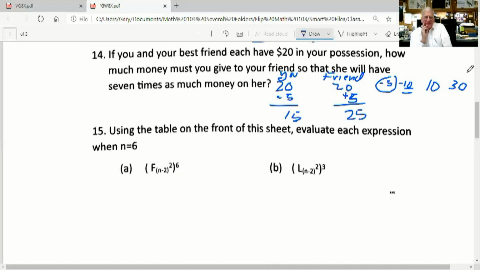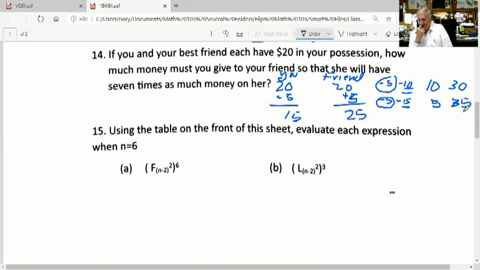I want it to be 7 times as much. Well, why don't we just go another 5 bucks? If we go another 5, we're subtracting $15 total. So now I'm down to what? 5 bucks. And what is she up to? 35 bucks.